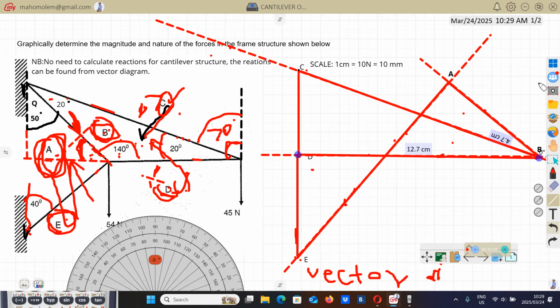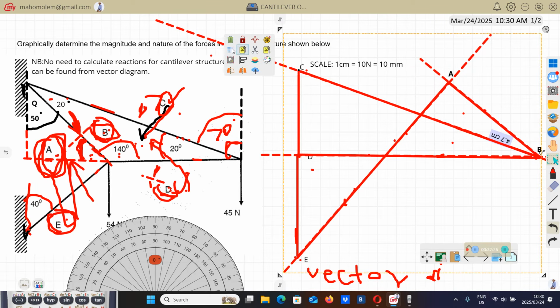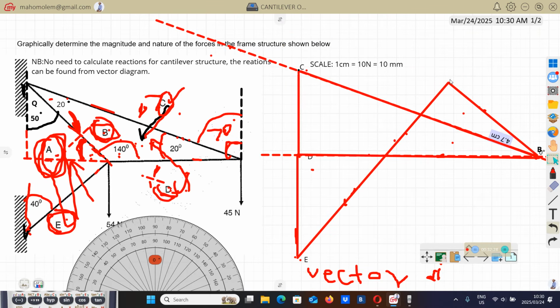These dotted lines here, you can erase them. But if you made them light, you can leave them like that. Let me see if I can try to remove them. Good. But remember, this is A.